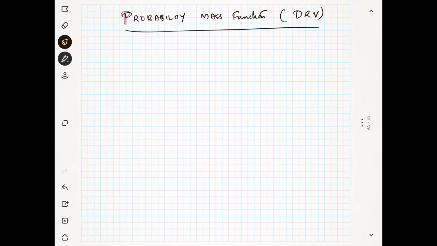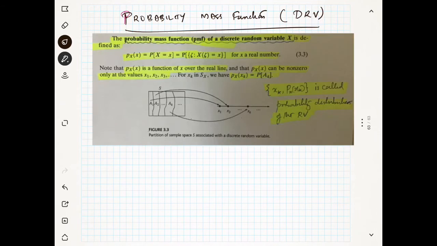The same thing associated with a continuous random variable is known as the probability density function. But here it is the mass, because we can discriminate each and every point. That's why it's a mass function. So the probability mass function of a discrete random variable X is defined as pX(x), and this equation is nothing but the probability of X equal to x.